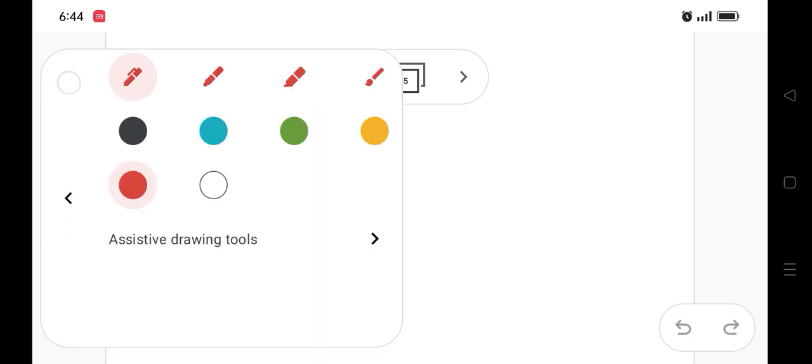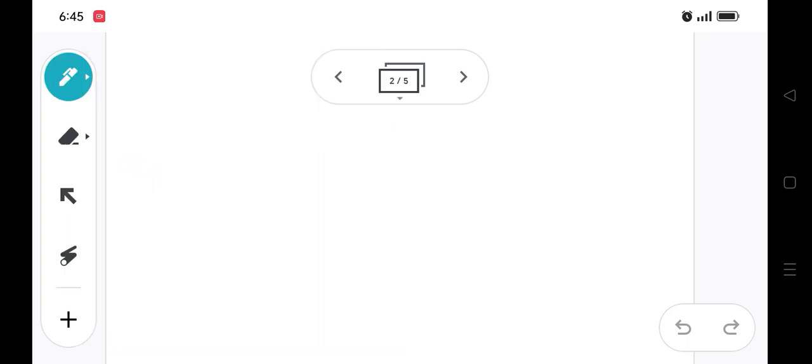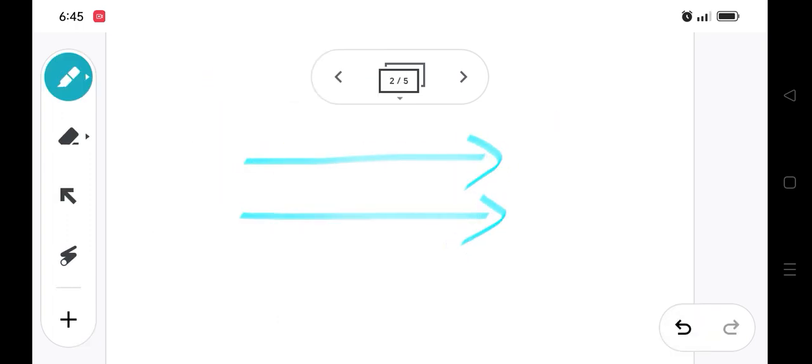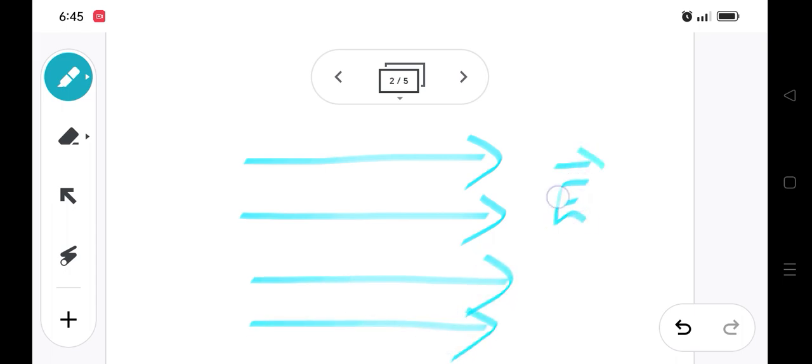Okay, so in a region we have an electric field. I am indicating this electric field with these blue arrows, and representing the magnetic field with a cross sign because it's directed inward.